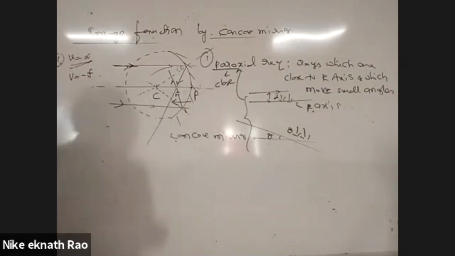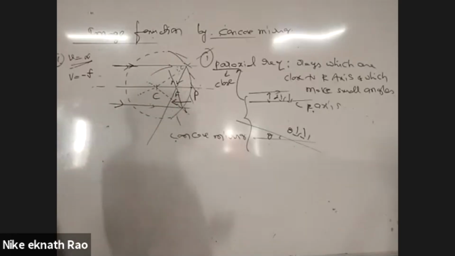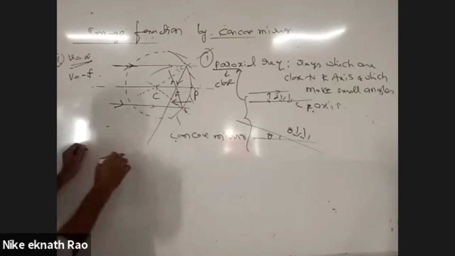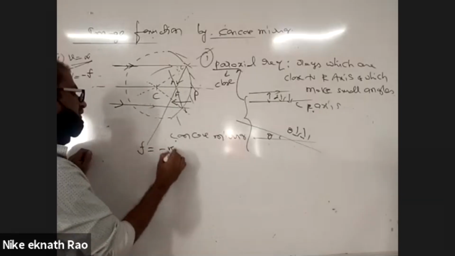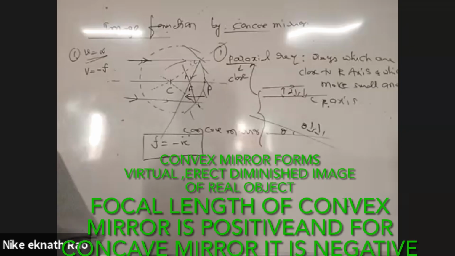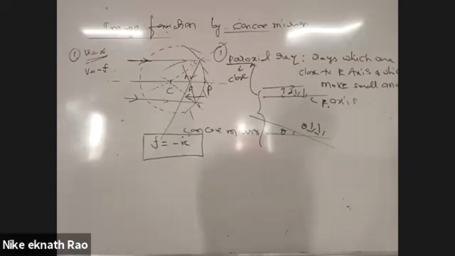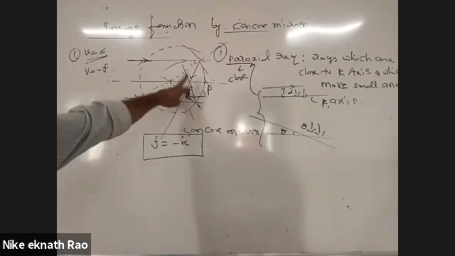Negative. Hence the focal length for a concave mirror is negative, and the image distance is also negative here.